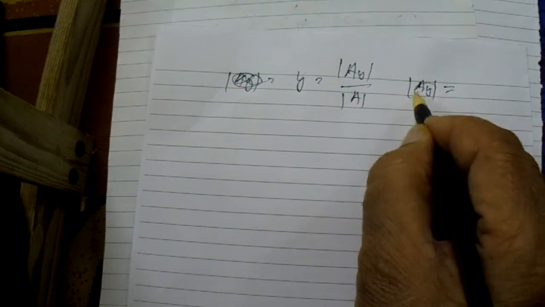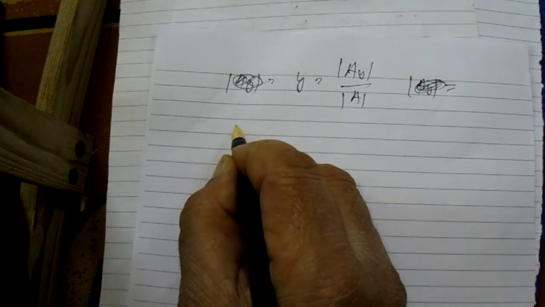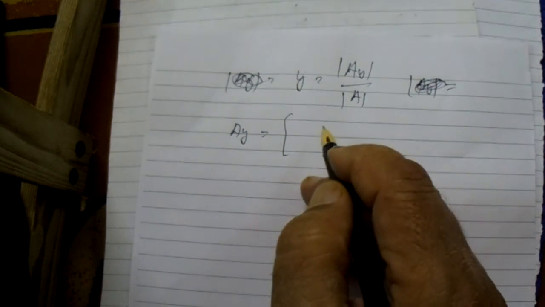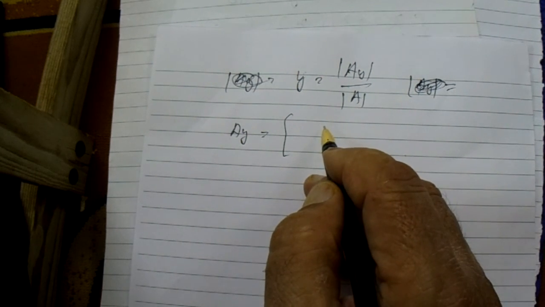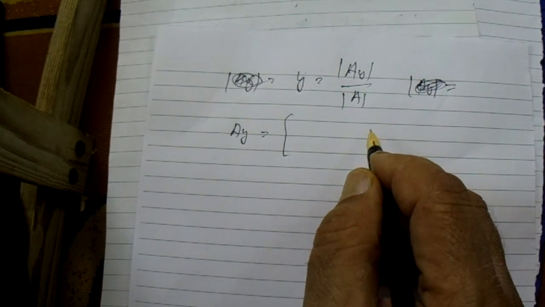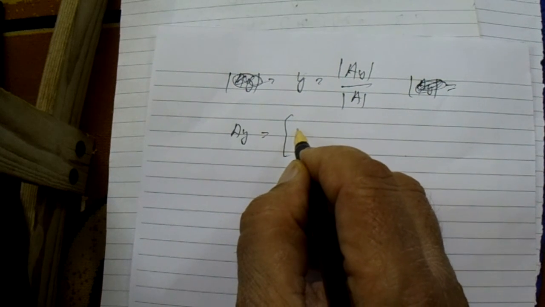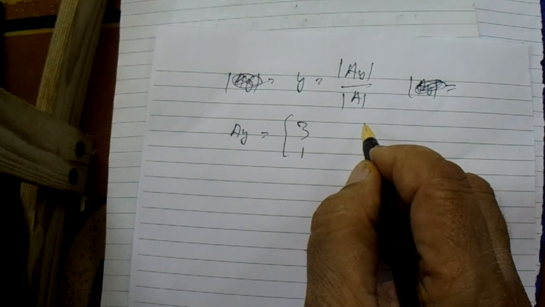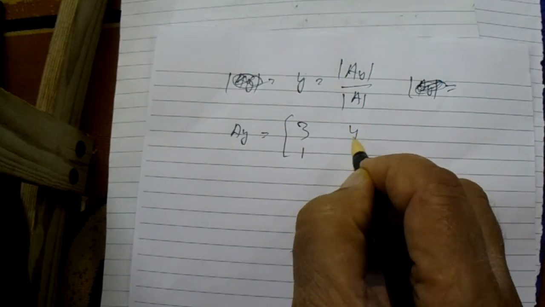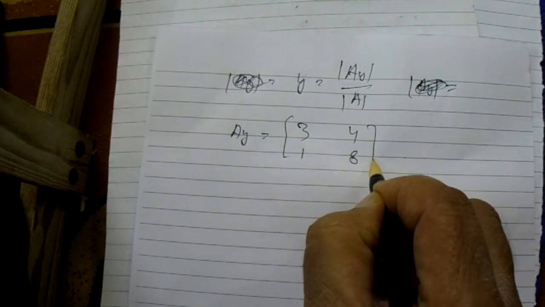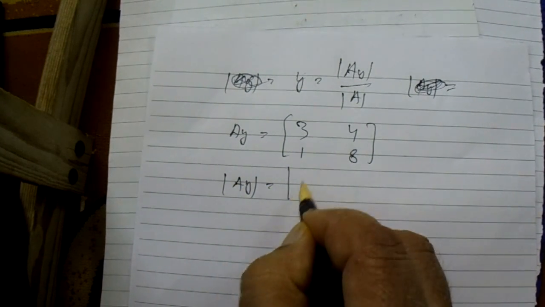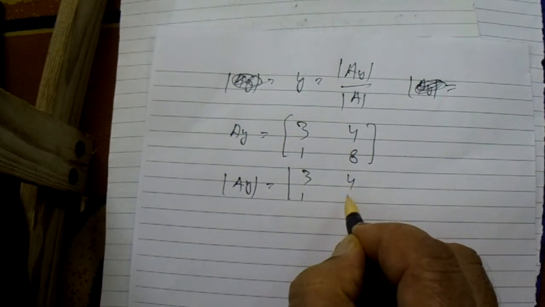We write the second column replaced by B matrix. So we write here 3, 1, and the second column replaced by B, and this is 4, 8. Now we write AY, that is equal to 3, 1 and 4, 8.